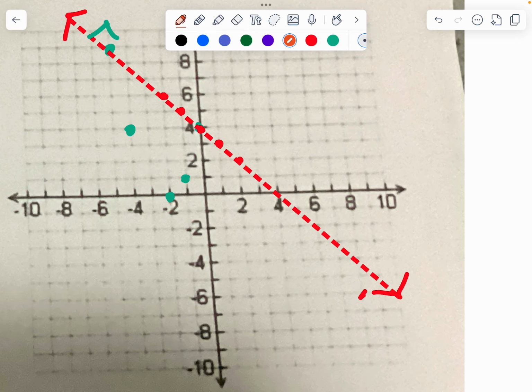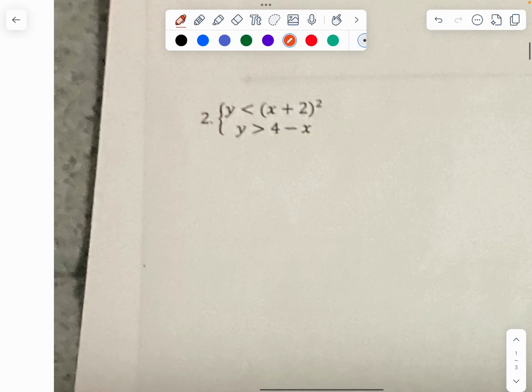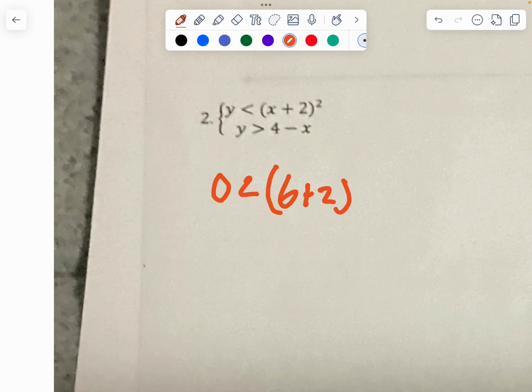Obviously, I have the answer key, so I know what point it's going to be. I'm going to test this point, 6, 0. So 0 is less than 6 plus 2 squared. So 0 is less than 8 squared, which is 64. 0 is less than 64.